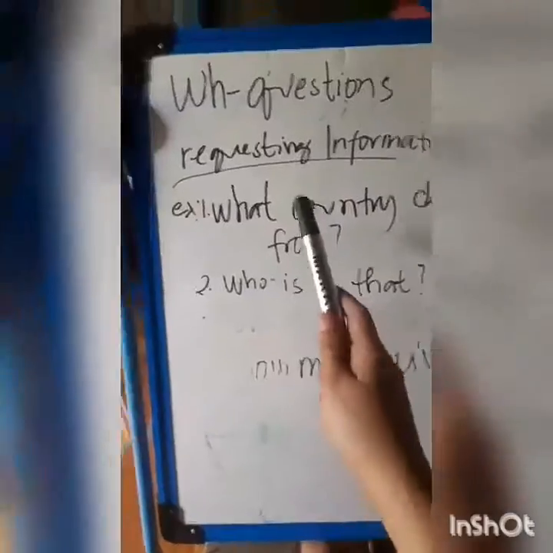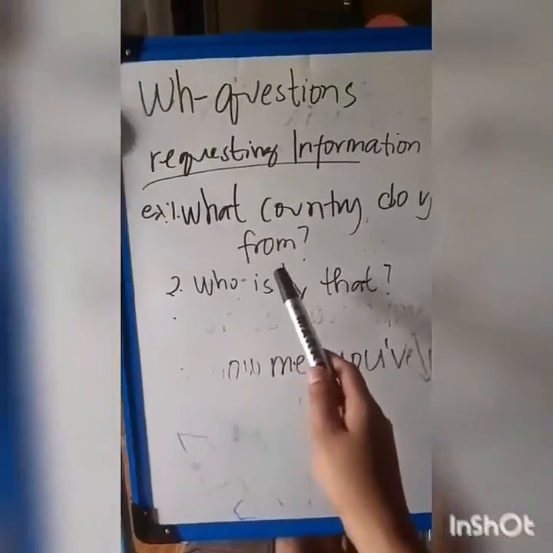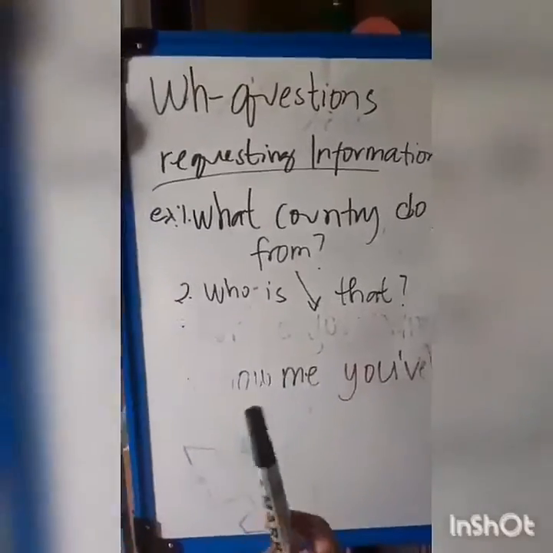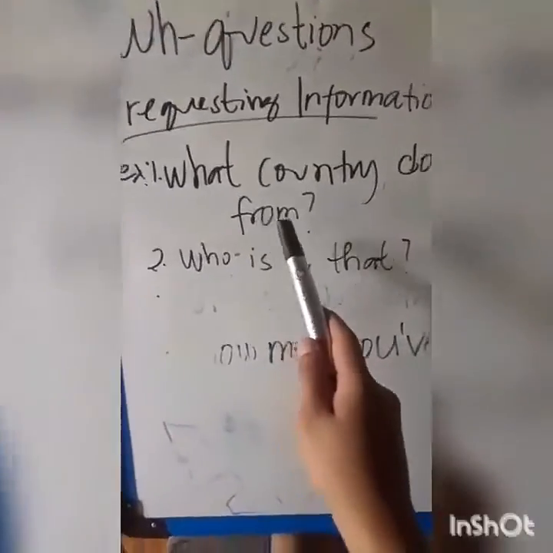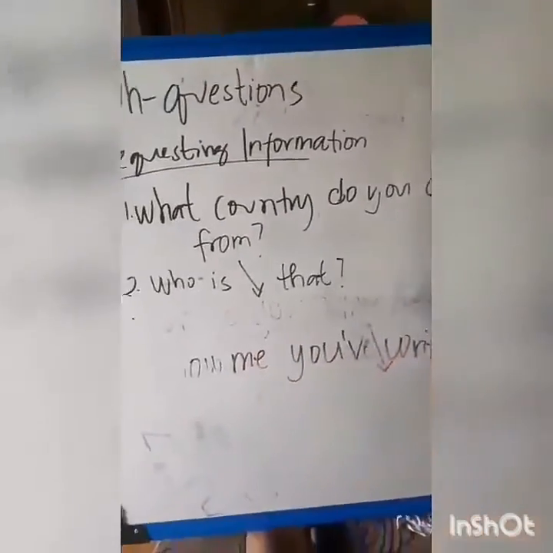Now we'll proceed to WH questions, or requesting information. These are questions beginning with who, where, whose, what, why, when, which, and how. Number one, examples of WH questions starting with what: what country do you come from?